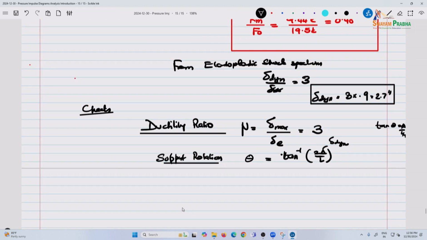So, 2 times 2.7 inches divided by 13 times 12. I don't know how much this is, roughly 1 point something degrees.